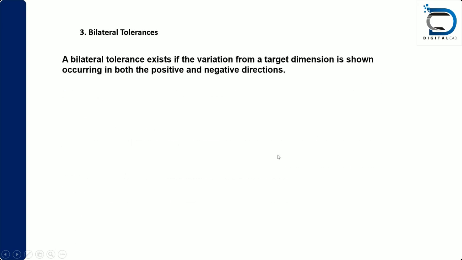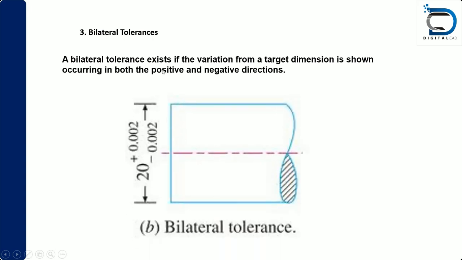The third one is bilateral tolerance. Bilateral tolerance exists if the variation from the target dimension is shown occurring in both the positive and negative direction. You can see here 20 plus 0.002, 20 minus 0.002. So variation is allowed in both directions, and within that range we have to create this part.